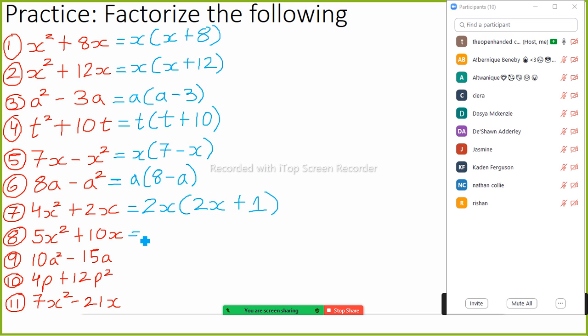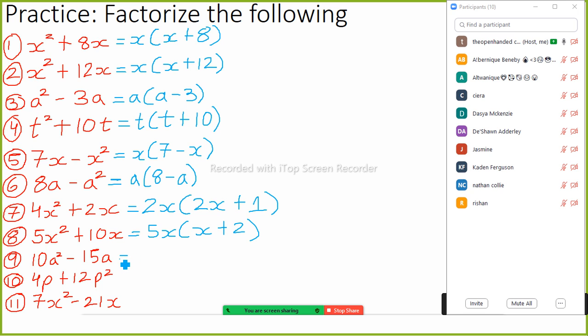Sierra, help me with number 8. Okay, so 5x, open bracket, x plus 2, close bracket. So let's check that. 5 times x is 5x, x times x is x squared, yes, and 5 times 2, yes ma'am, that's correct.